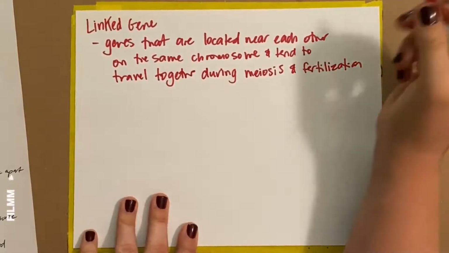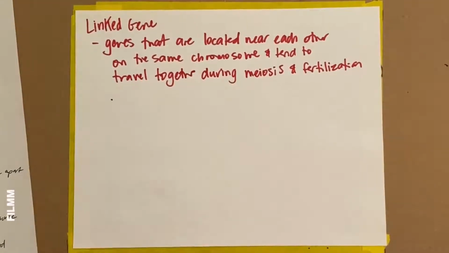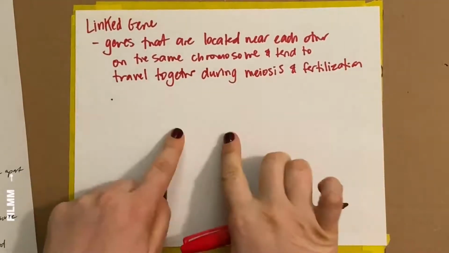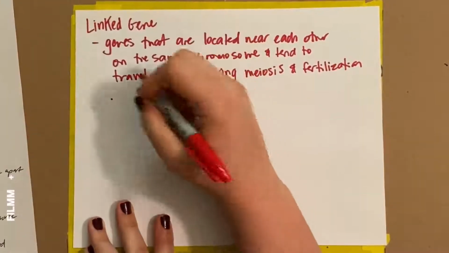Previously we were talking about independent assortment, where two traits didn't affect each other. Well, this is what happens when traits do affect each other.